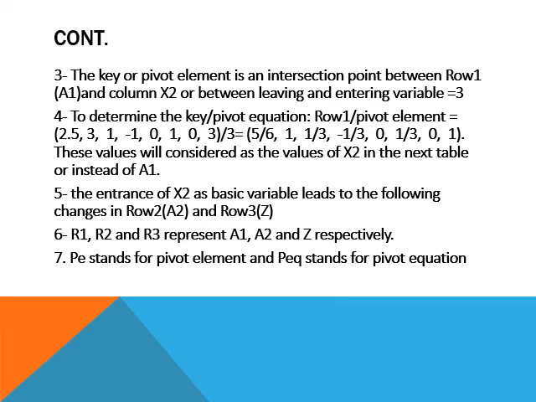Okay, referring to the previous table, the key or pivot element is the intersection point between row 1 or A1 and column X2, or between the leaving and entering variable. This key or pivot element equals 3.